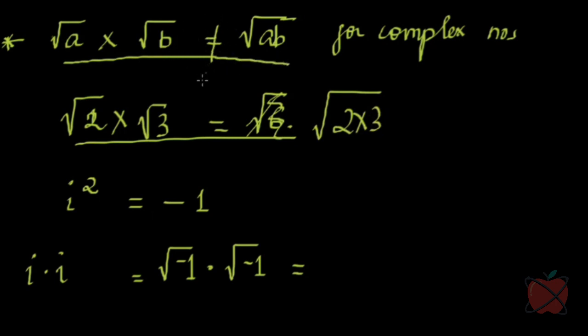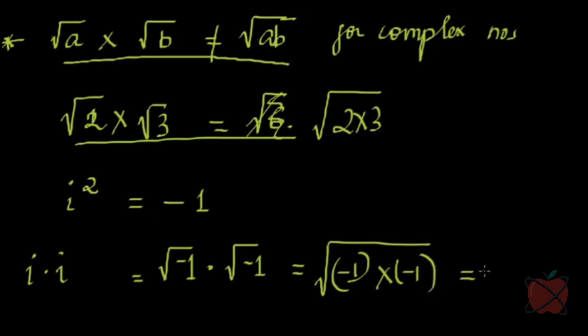So we will be getting root over minus 1 multiplied with minus 1, and this will give us root over 1, which is equal to 1. And that's not true because we know that the value of i square is minus 1.